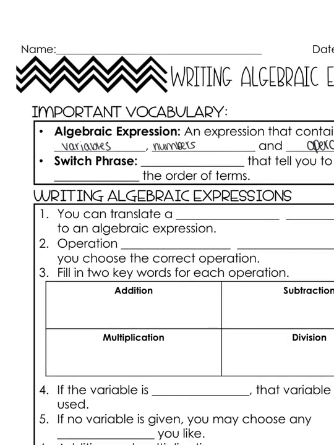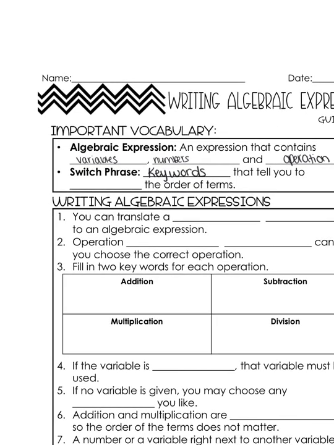With algebraic expressions, we have what we call switch phrases, which are basically just keywords that tell you to switch the order of terms. We'll talk about what those are in a second.